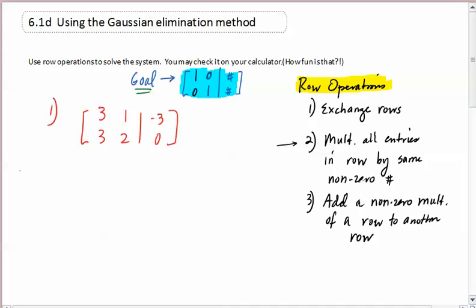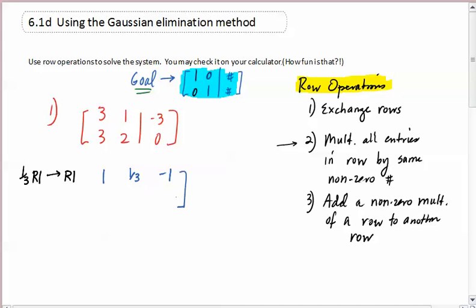We write what we've done this way. I'm going to take a third of row 1 and replace it with the result. That's going to be my new row 1. Okay, so let's take a look. A third of 3 is 1. A third of 1 is a third. And a third of negative 3 is negative 1.